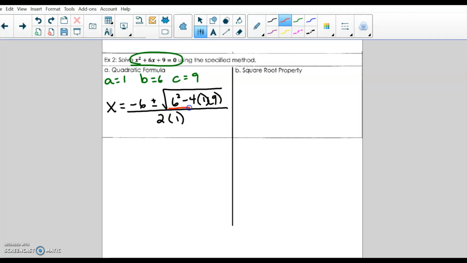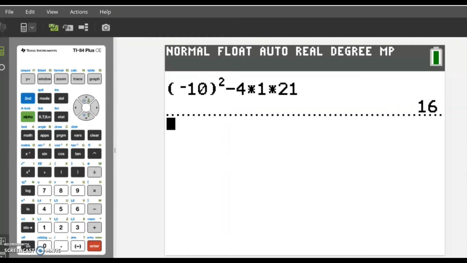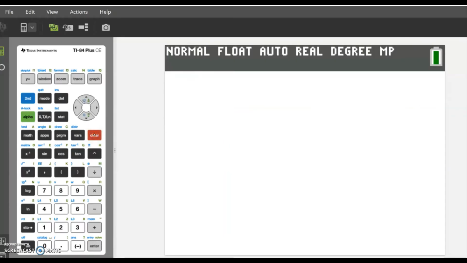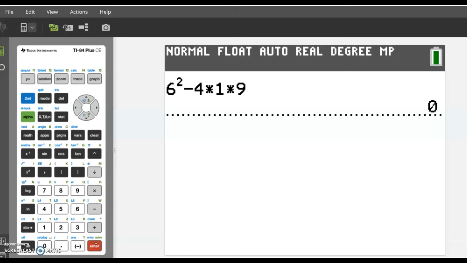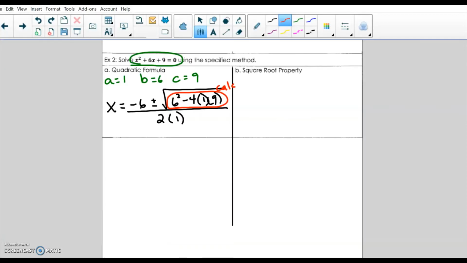Okay, let's grab our calculator and calculate what's underneath the radical. Don't put the square root in the calculator. That's not going to help you out. So 6 squared minus 4 times 1 times 9. And you'll find that it is 0, and that is correct. So don't freak out if you get a 0.